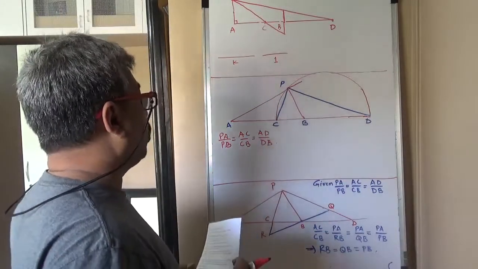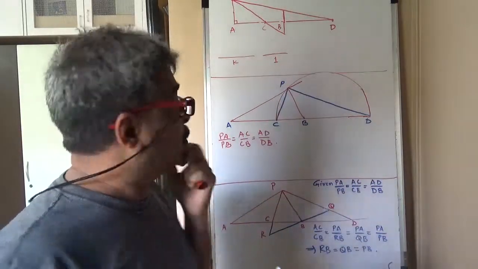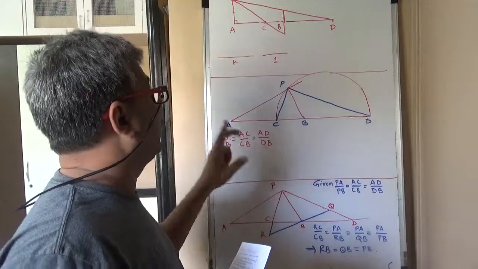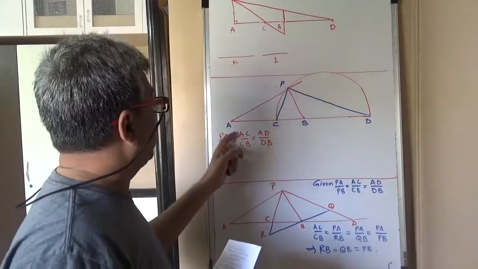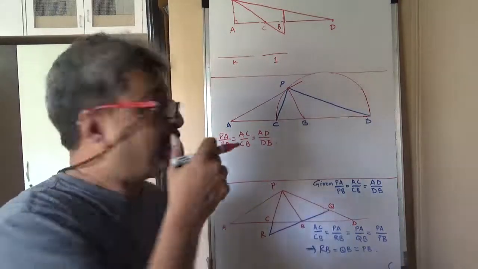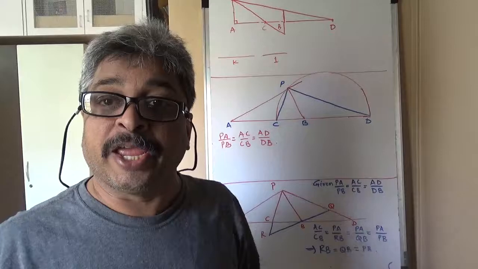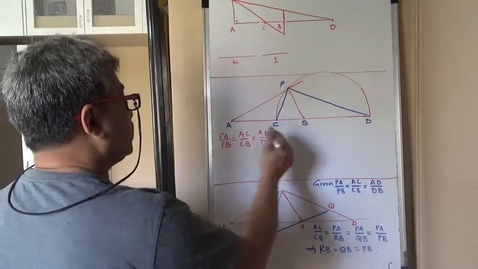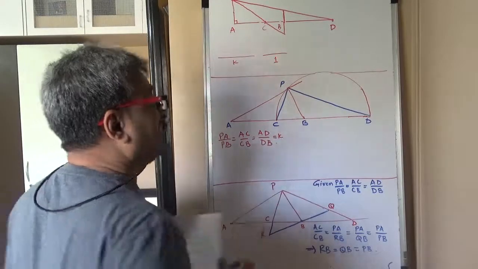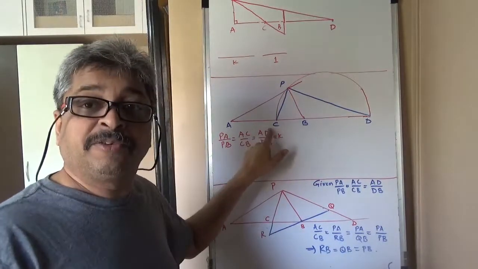Now if I want to find all points P in this plane which possess the ratio K, which is AC upon CB, for example, any ratio that I create, I want PA upon PB to have ratio K. So PA upon PB is equal to K. Then by this method I can get point C, which is the internal division.